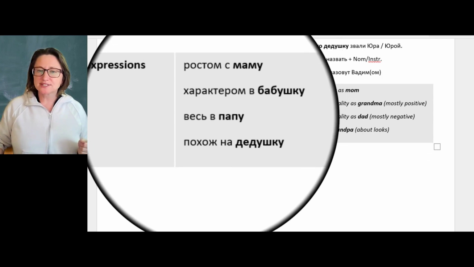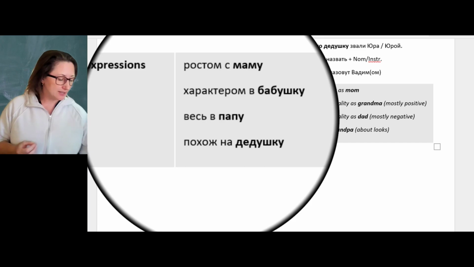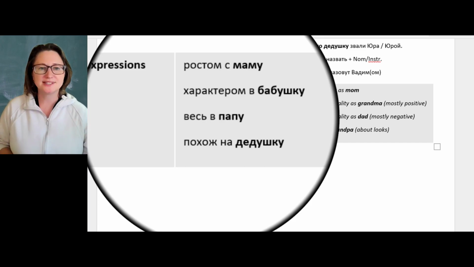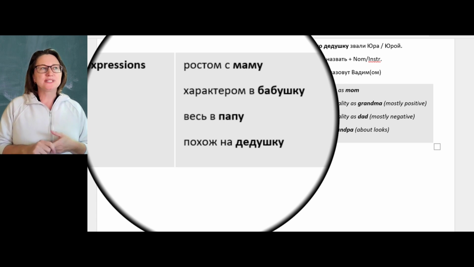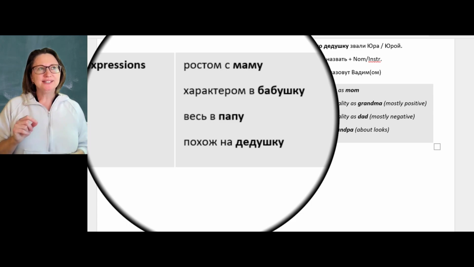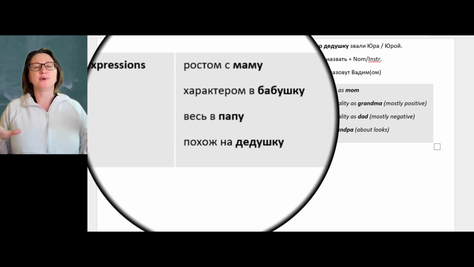But there is a similar expression, and it's using весь for male or вся for female, and again, the forms are on my adjective endings list. And that's when we say весь в папу, вся в маму, весь в бабушку, весь в дядю. Here, sometimes we can use it positively.